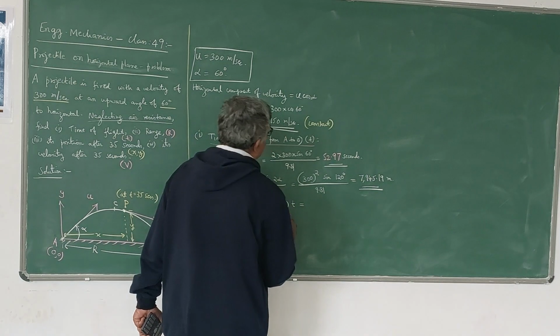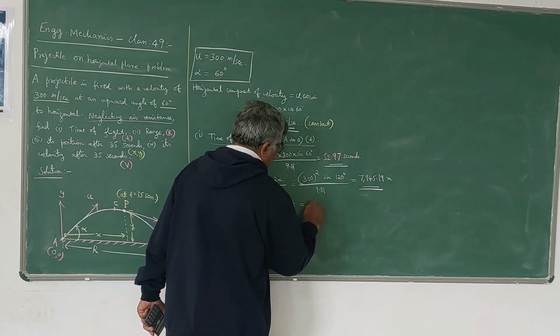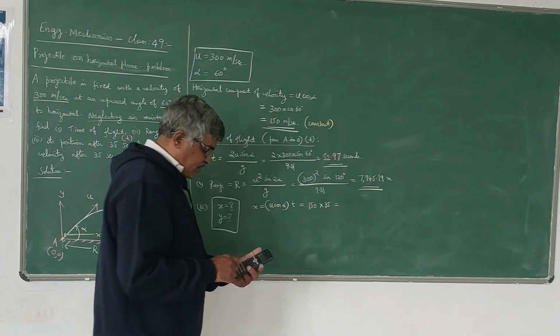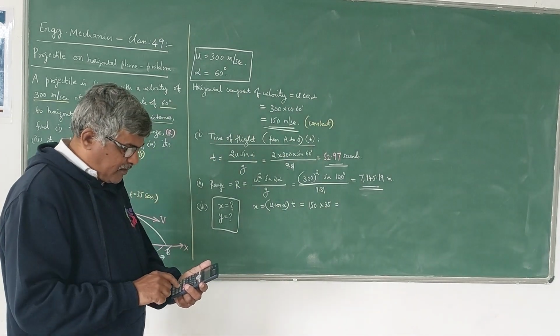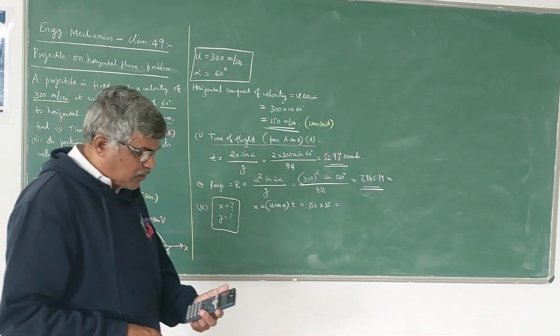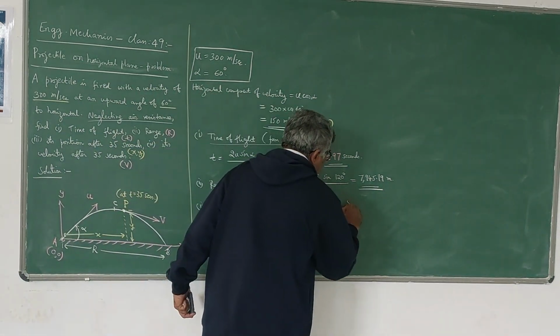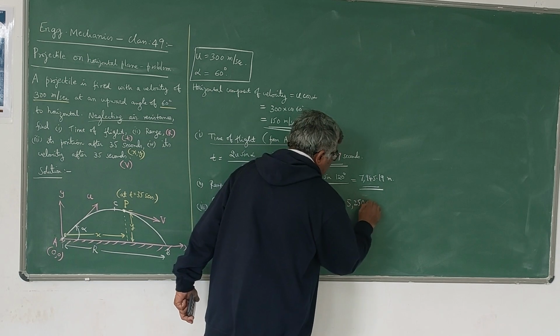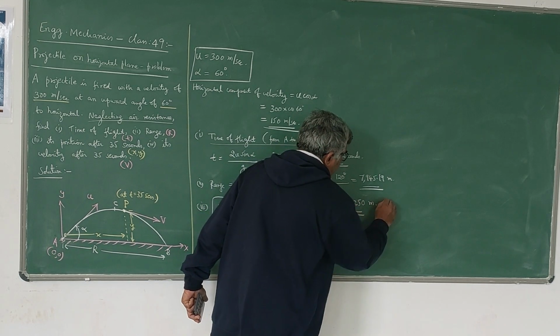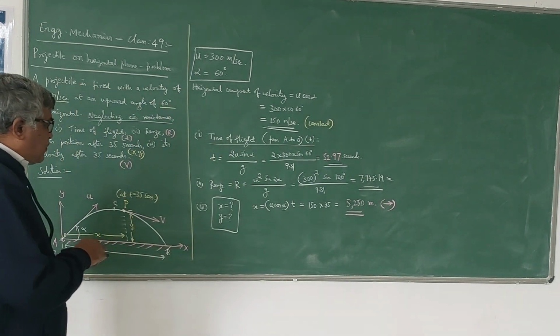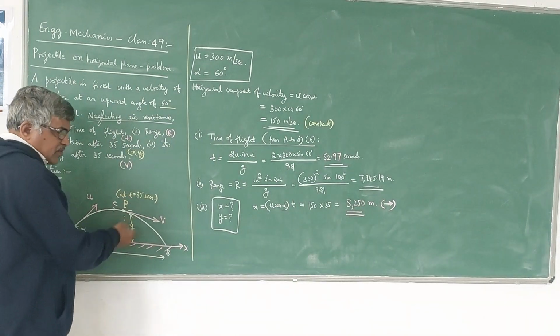So u cos alpha, as you know, it is 150, horizontal velocity, into 35. Time is 35 seconds as given. So 150 into 35 comes out to be 5,250 meters. So 5,250 meters it has traveled horizontally after 35 seconds. Next, we have to find out the vertical distance also.